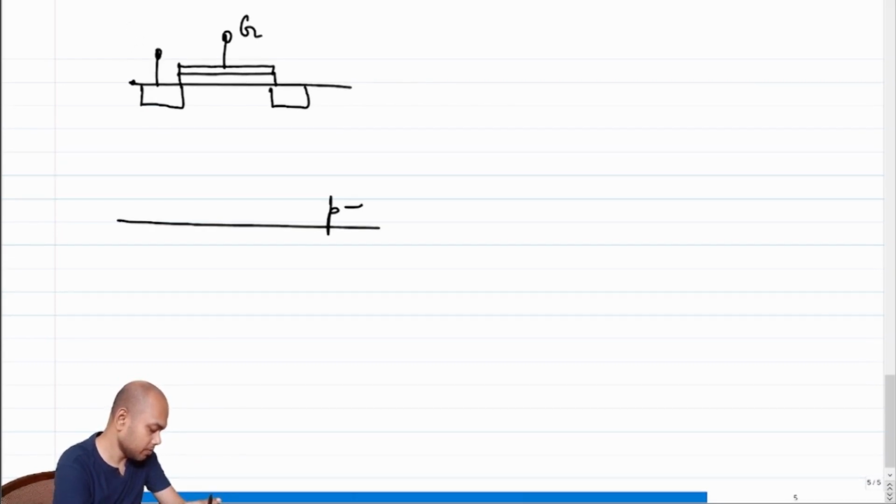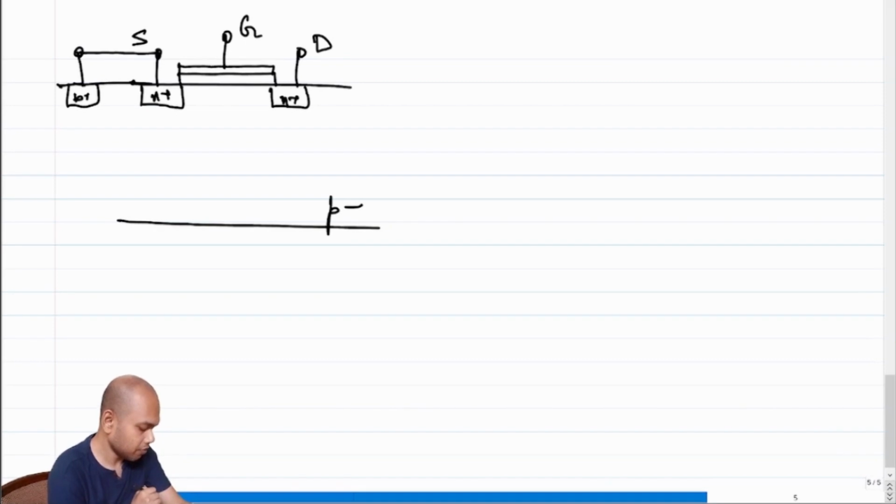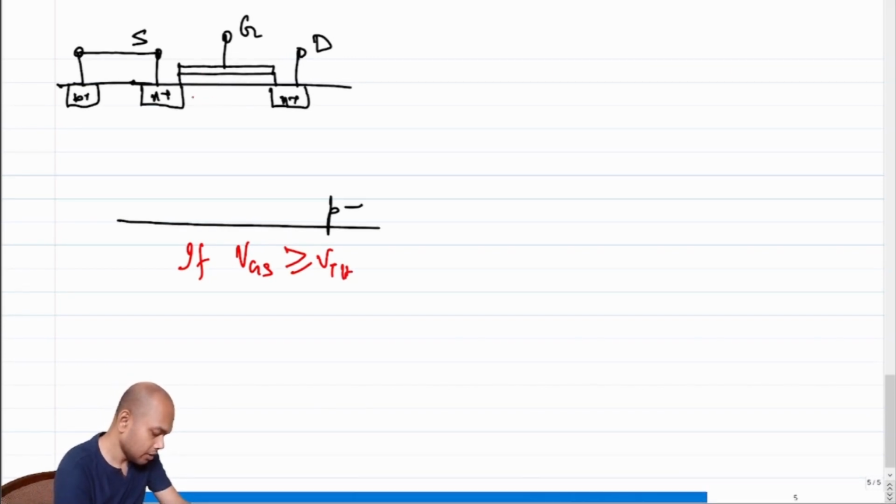We call this source and this drain, and this is the body, with n plus regions, and let's say the body and the source are connected for the time being. If VGS is greater than or equal to the threshold voltage, we have electrons in the channel.